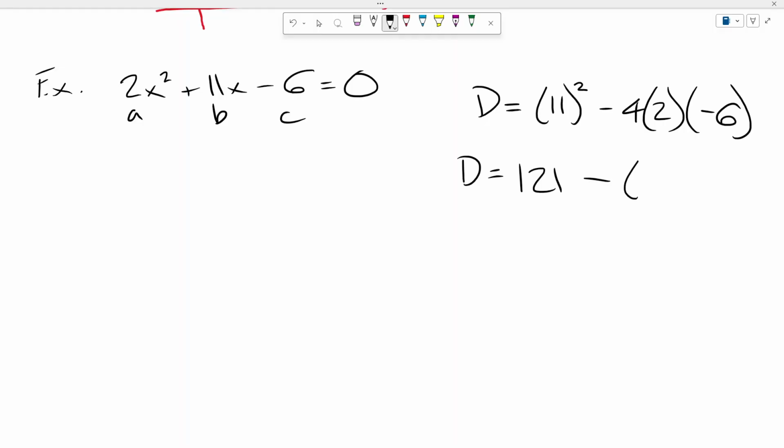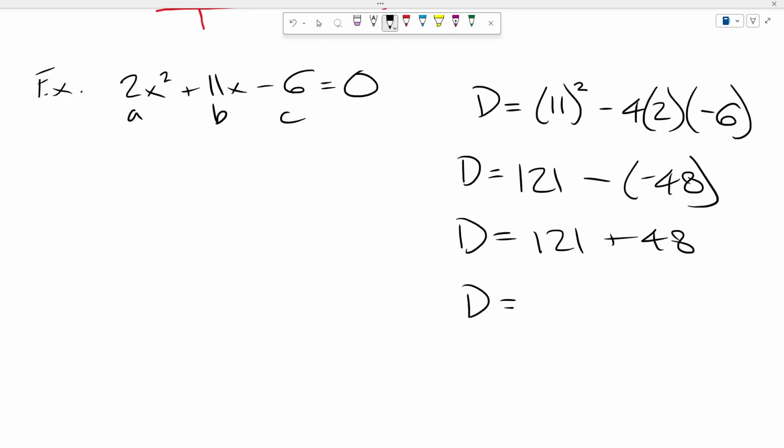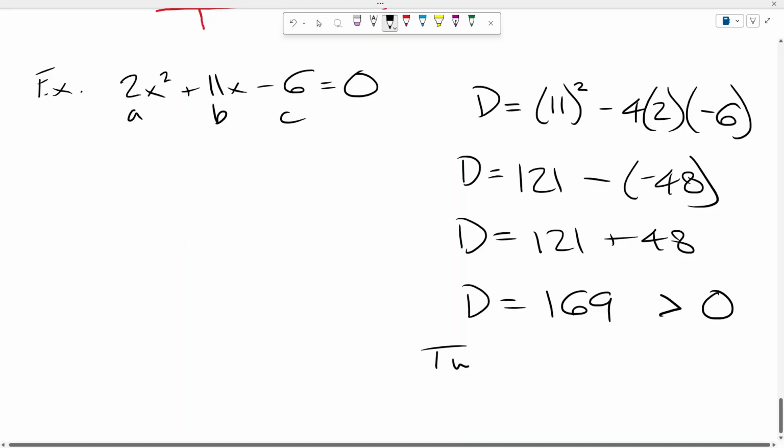So minus a negative 48 would just be plus 48. So 121 plus 48 is 169. So obviously we are greater than 0 in this case, and when the discriminant is greater than 0, that means we have two distinct solutions.